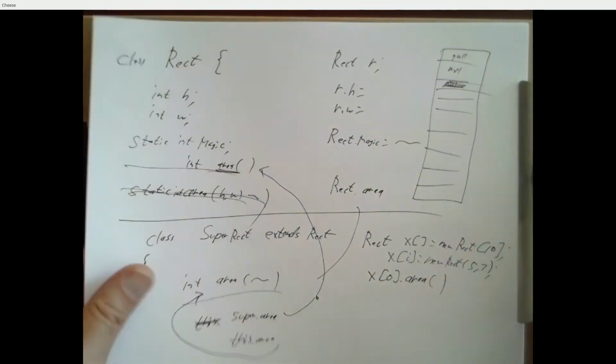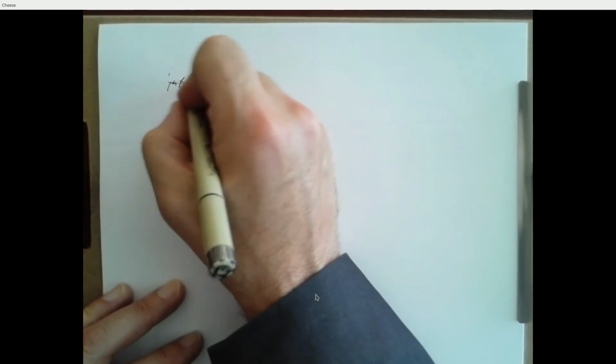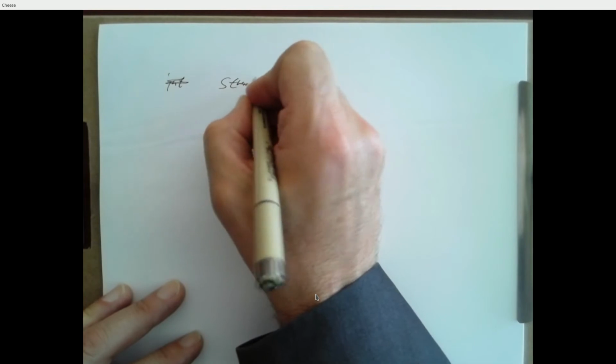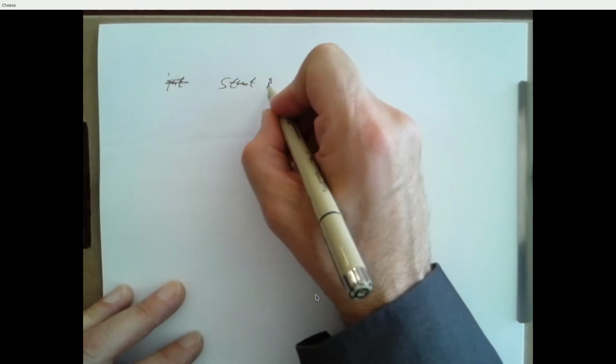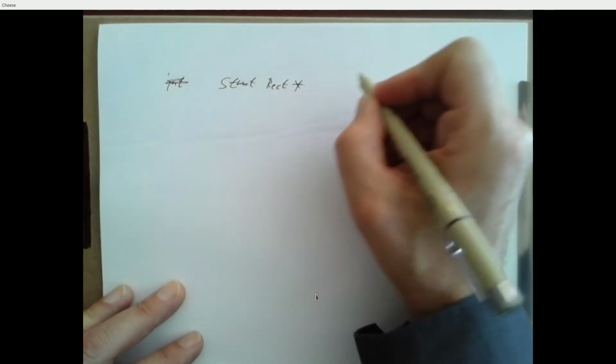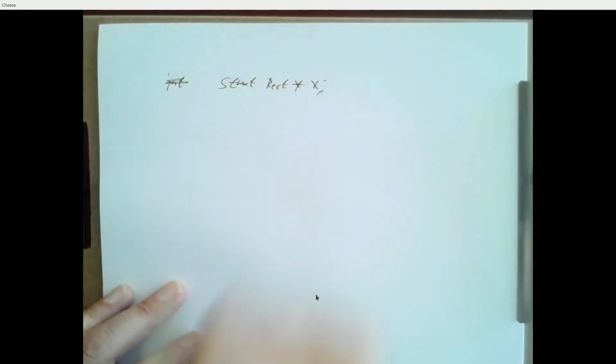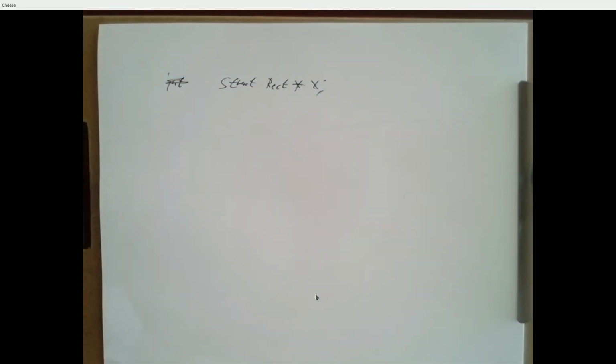But it's the same as in C, where you might say something like this. Right? And this says X is an array of struct rectangles, right?